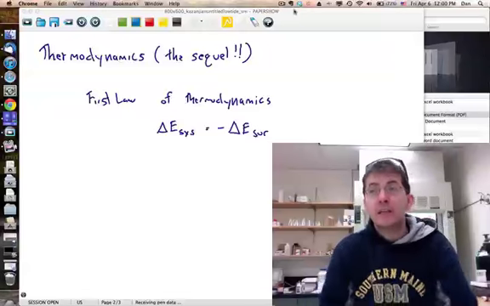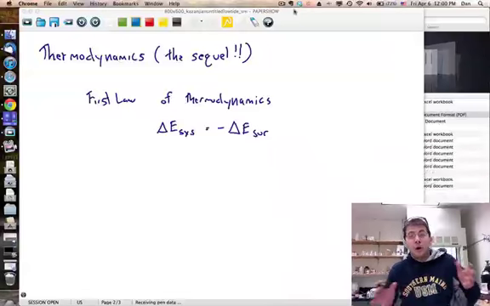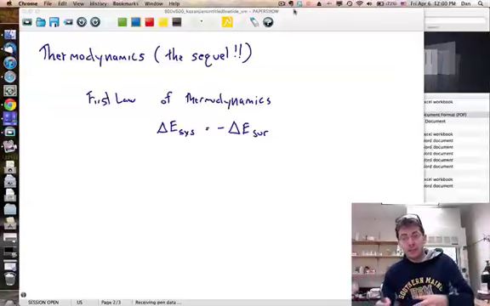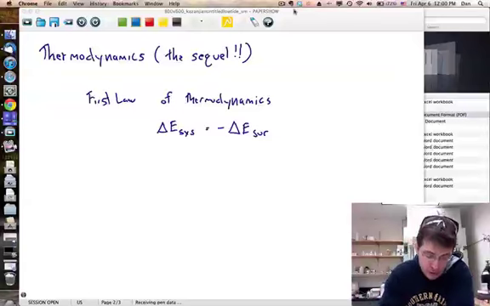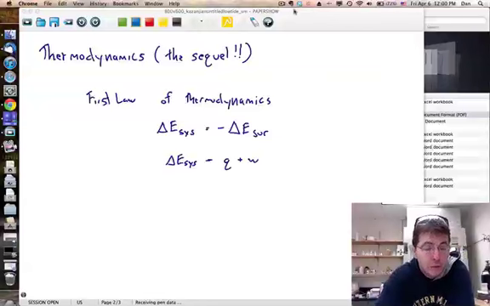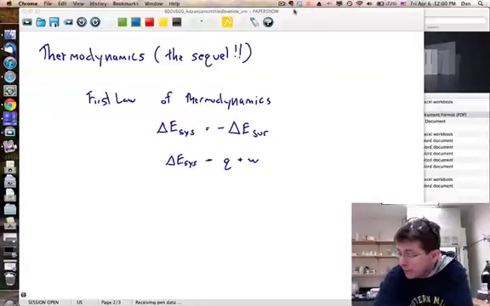Another way of thinking about it is that all of the energy within the system is either heat energy or work energy. We can relate that: delta E of the system is equal to Q plus W, where one is the heat and one is the work.